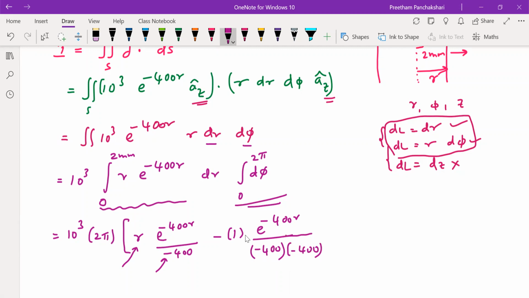In the next step, the sign has to be changed from minus to plus. Now this 1 has to be differentiated, which goes to 0, and the exponential term has to be integrated, but 0 into anything is 0. That's why we stop here. The limits are 0 to 2 millimeters. 2 milli means 0.002. So this completes the integration of r into e power minus 400 r.